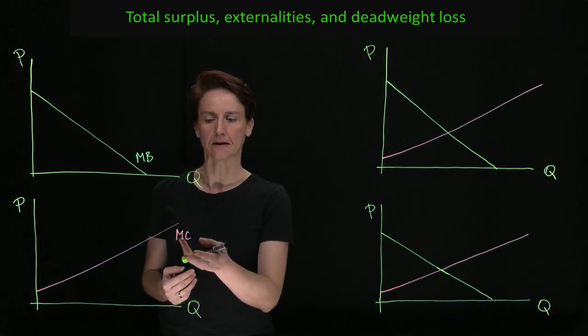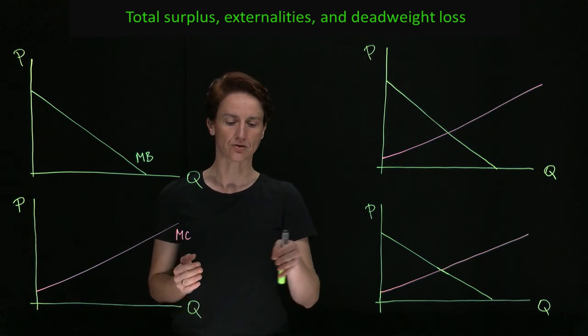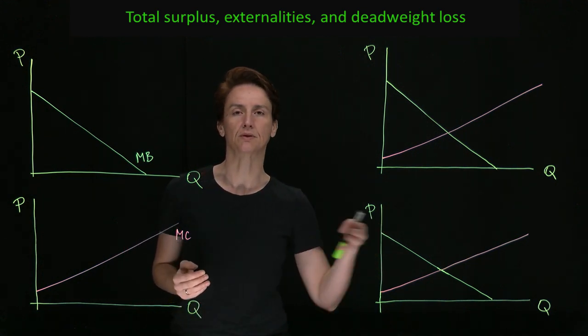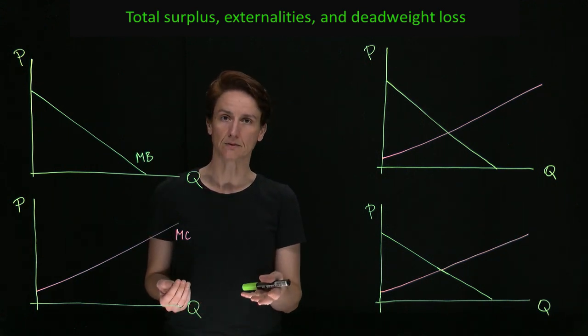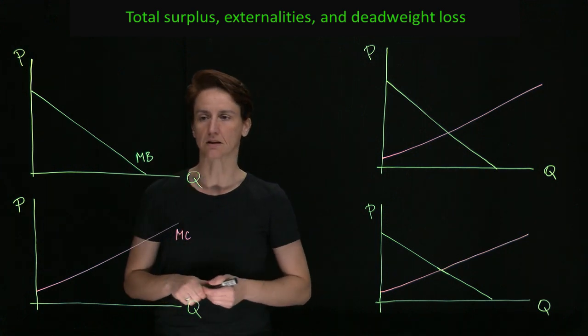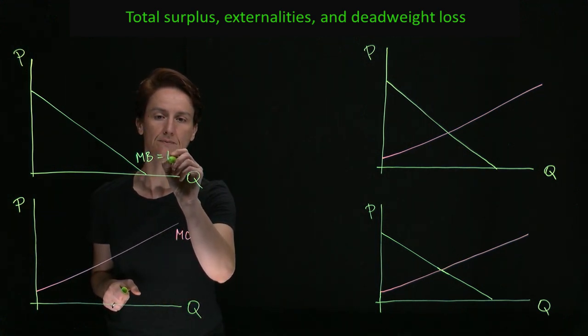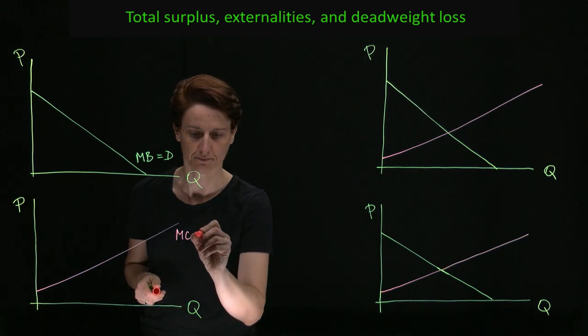We could also define marginal cost as the extra cost created by each subsequent unit to the producers in that market. Well, if the market is competitive, so if there are many buyers and many sellers, then marginal benefit is also the demand curve, and marginal cost is also the supply curve.